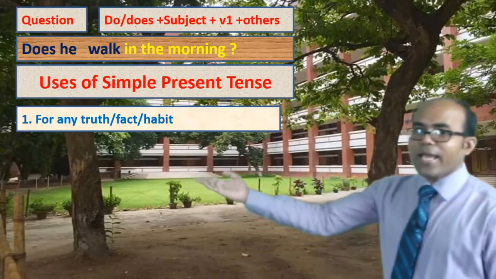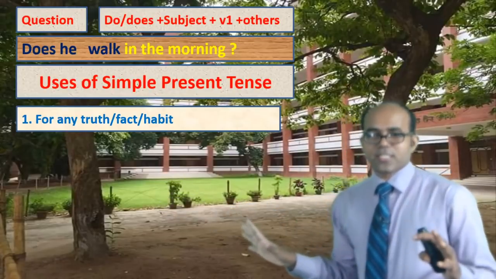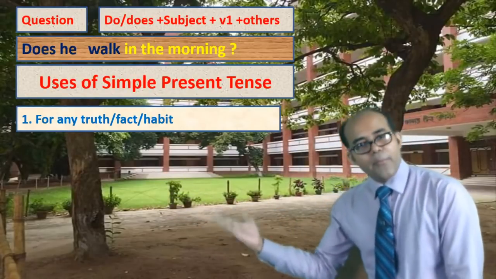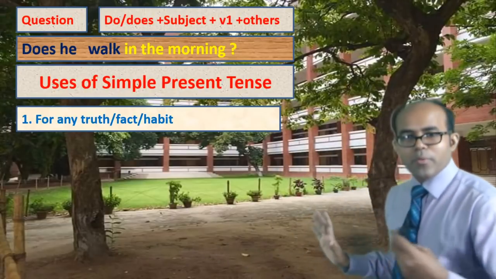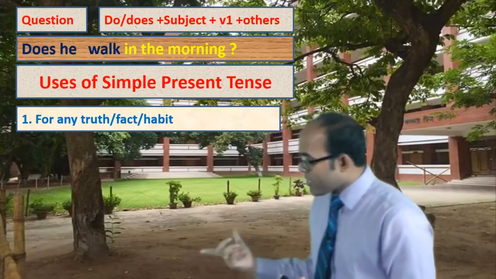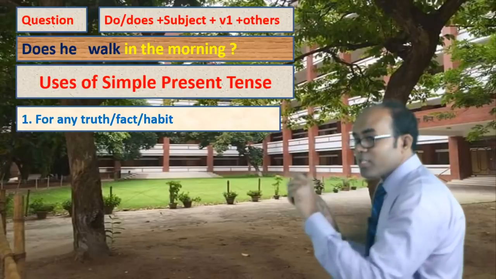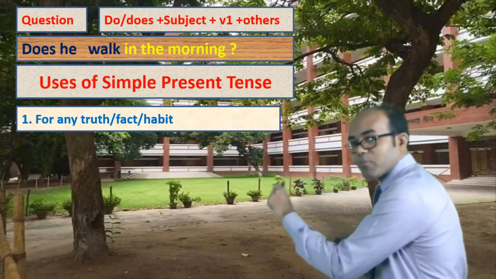So for any kind of truth, any kind of facts, any kind of habits. When we see a kind of true event, a fact that may not change, or someone's habit, these are the very specific areas, the specific purposes you have to use the simple present tense.